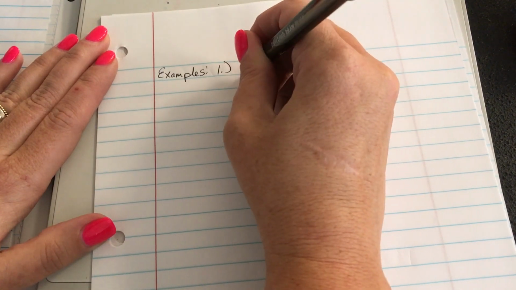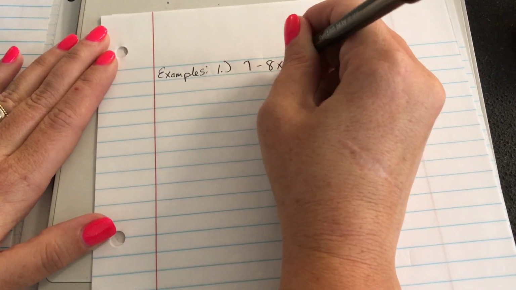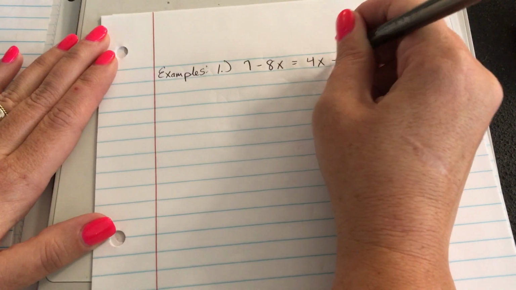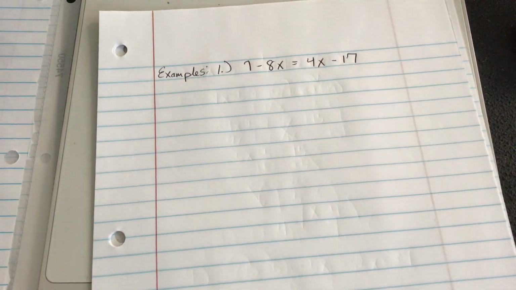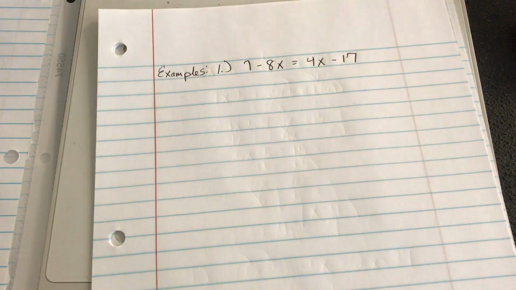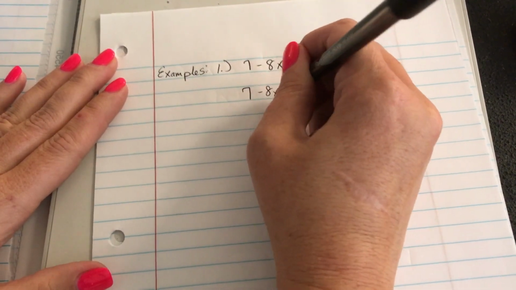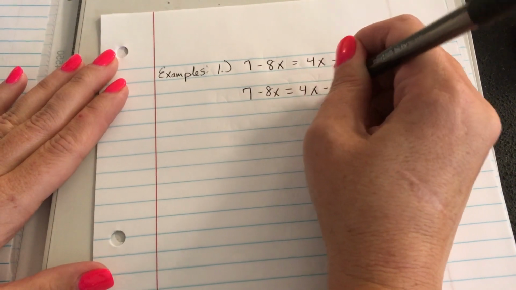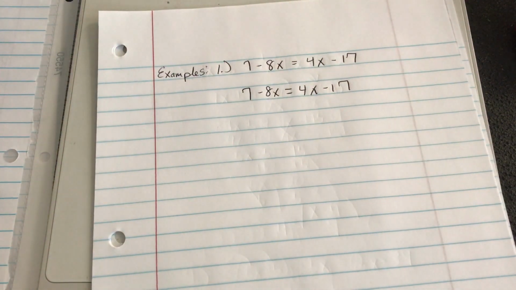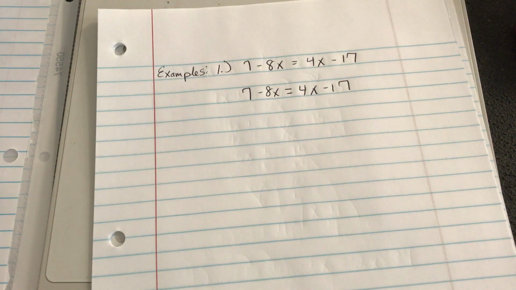Number 1: 7 minus 8x equals 4x minus 17. Now let me rewrite this. One thing, when you have variables on both sides of the equation, or actually any equation that you ever work, if you think of every single step, as you rewrite that equation after a step, as a brand new equation, this will be much simpler to get all the way through, especially when we have really long equations.